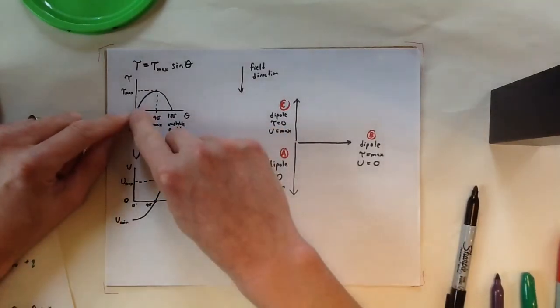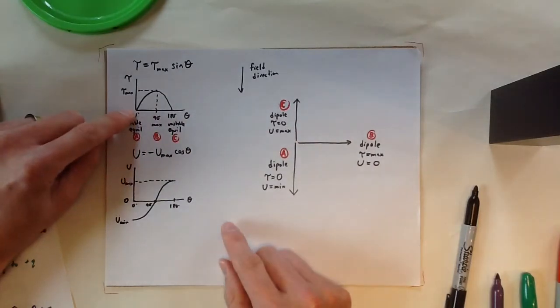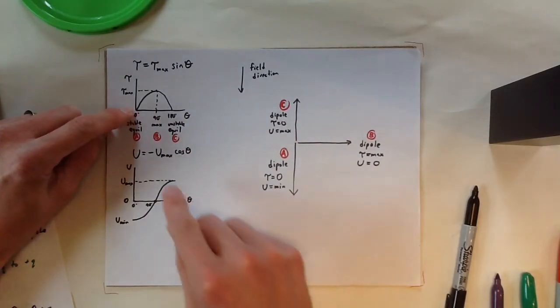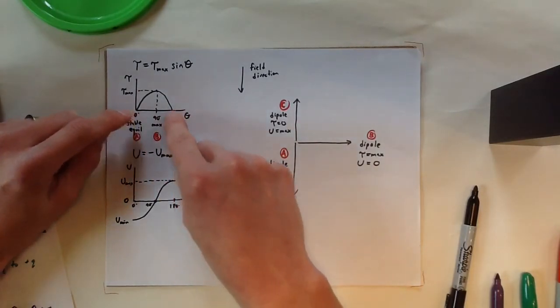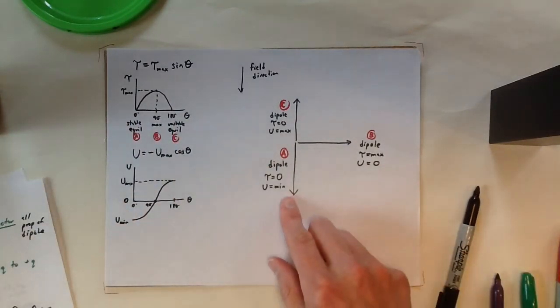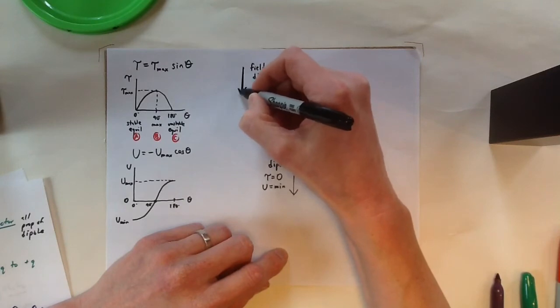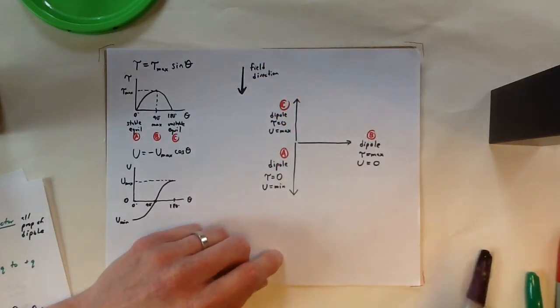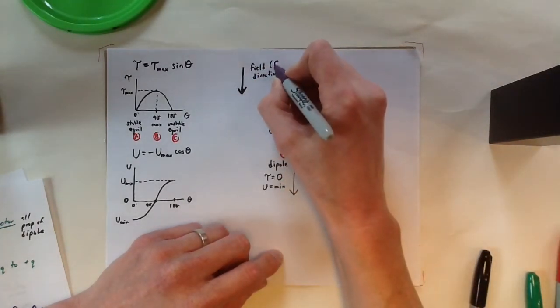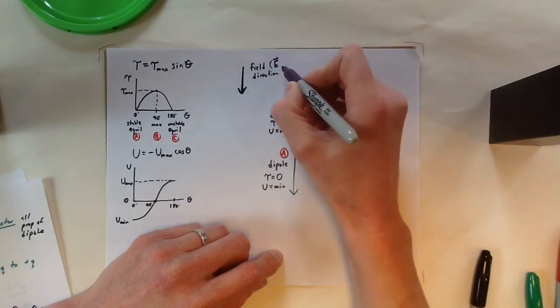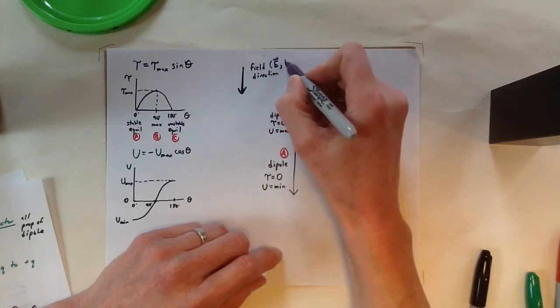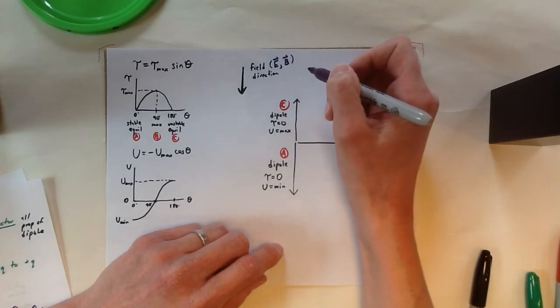Of course it just goes up and comes back down. There's 0 torque at 0 degrees and 180 degrees, and I've drawn that in here. The field direction is like this. And again, I'm trying to draw this universally, so that this could be either the electric field for an electric dipole or a magnetic field affecting a magnetic dipole.